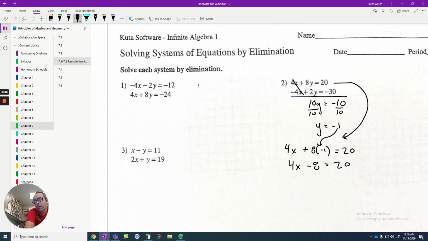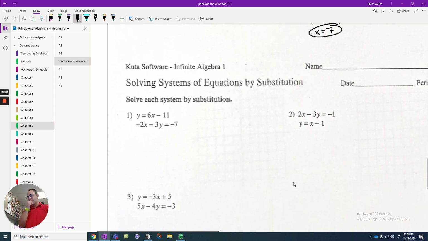And if I want to solve for x, I need to add 8. That becomes 4x equals 28. And I finish by dividing by 4 to get x equals 7. Okay? So that's how we're going to solve when we're using elimination. We add the equations together, hopefully something cancels, and we can solve from there.